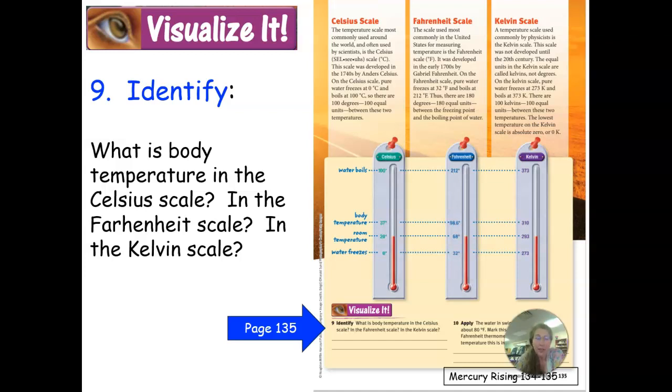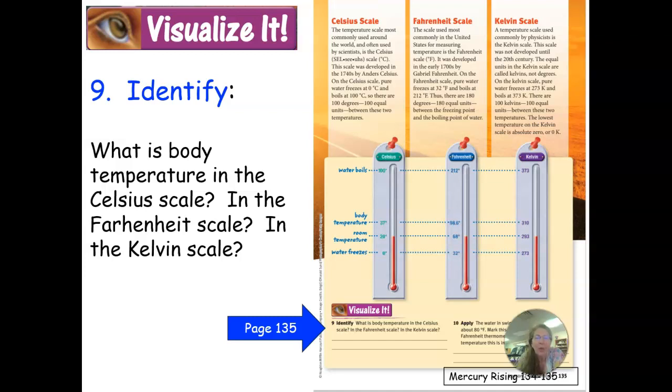There's this thing called absolute zero. It is a place where you can compare all 3 scales. And so you can see that they put certain marks on these scales for you. So we have room temperature is 20 degrees Celsius, 68 degrees Fahrenheit, and 293 degrees Kelvin.